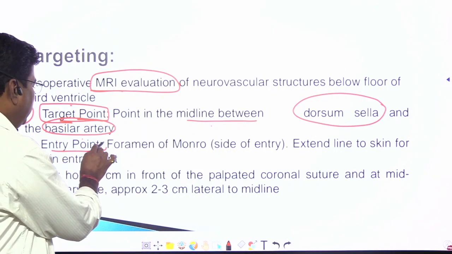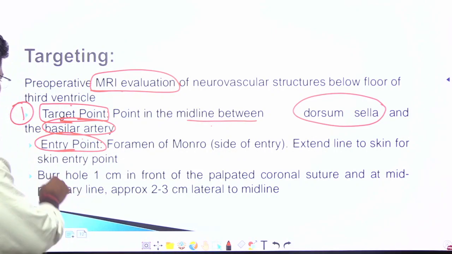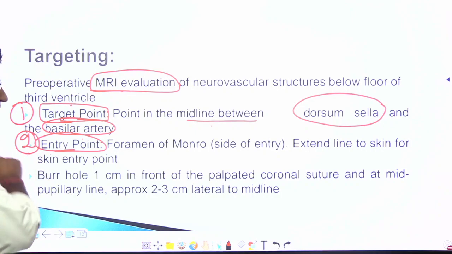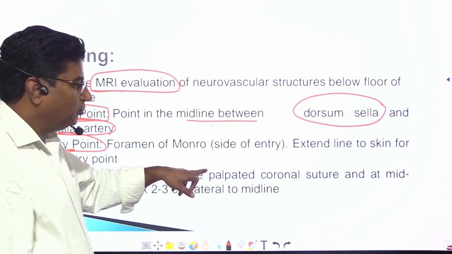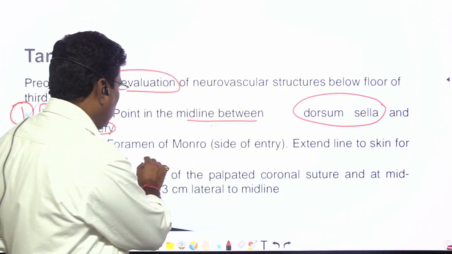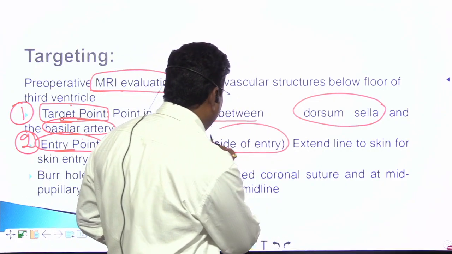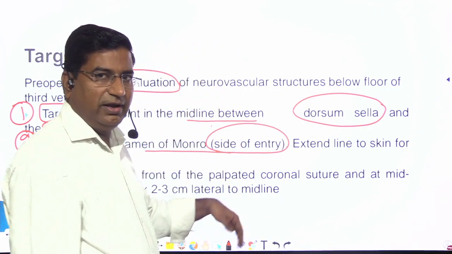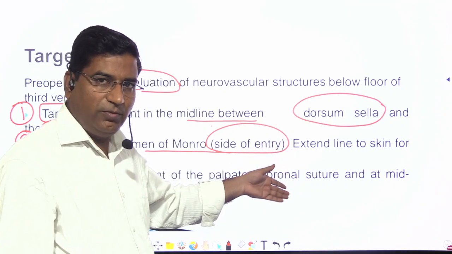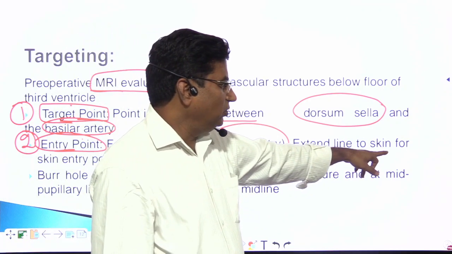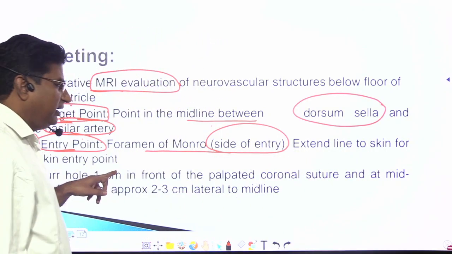Number 2, the entry point: the foramen of Monro, mostly on the right side. In our cases, we mostly do it from the right side. Extend this to the skin for the skin entry point.